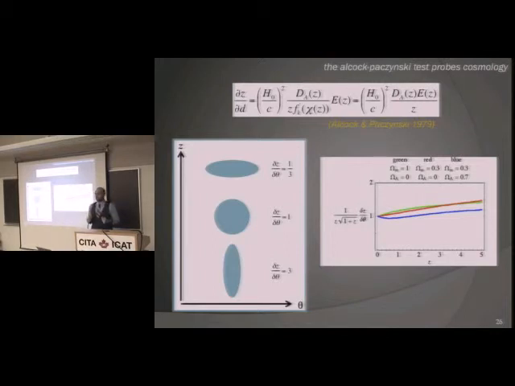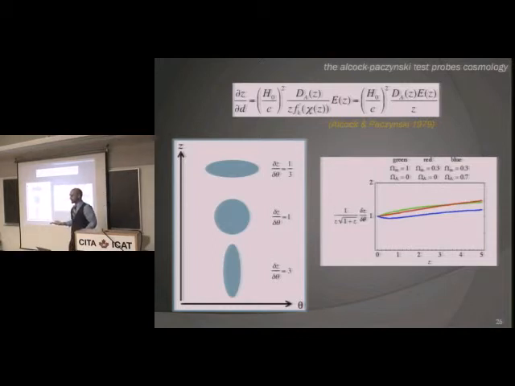If you take that ratio, a lot of things drop out, and you're left with something proportional to the angular diameter distance times the expansion rate at that ratio. So this gives you a probe of cosmology, because all of these are sensitive to cosmological parameters. All you need are a set of standard spheres.